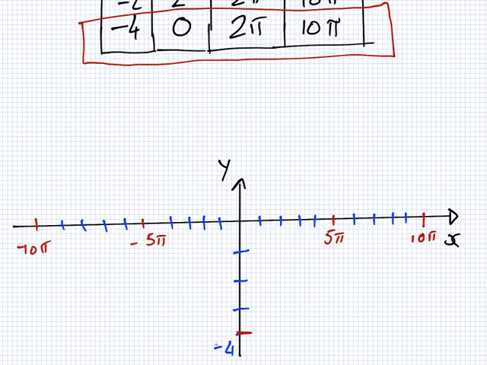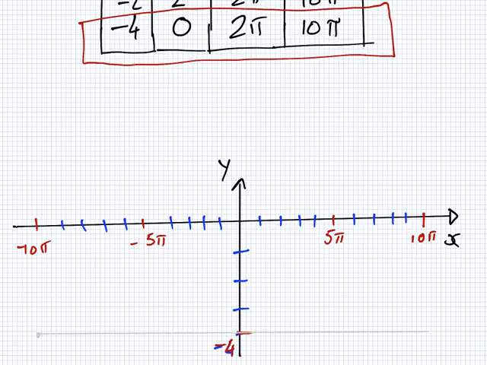Minus 4. Now, it might be hard for you to see, but in the exam I should use pencil and maybe a darker pencil or a pen. So in pencil, I box off minus 4 to 0. So that would be here to there.